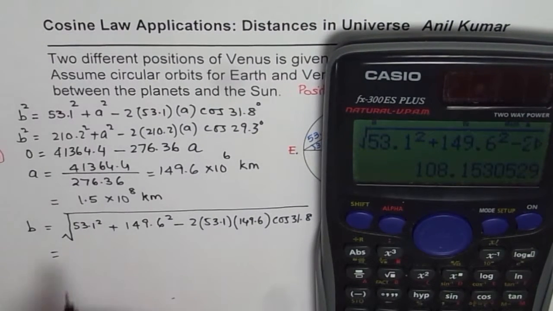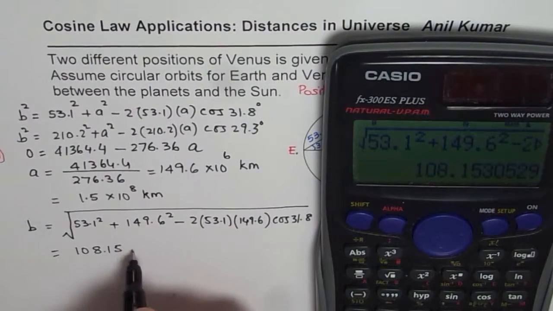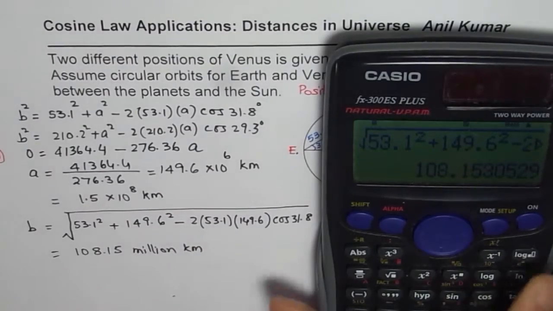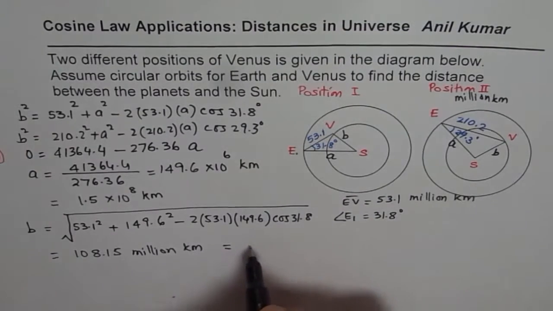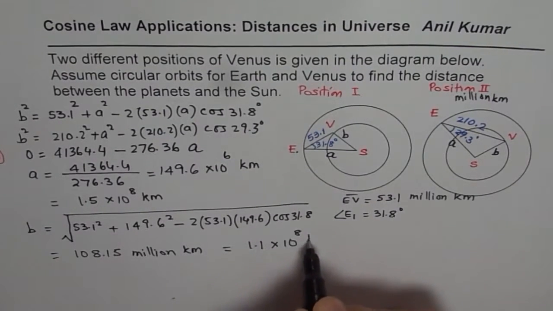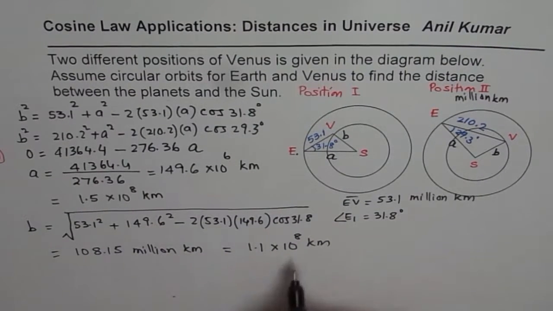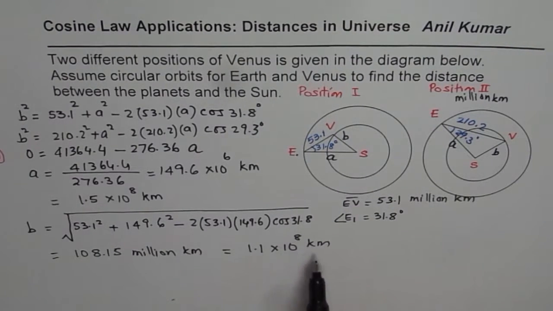That gives us 108.15 million kilometers, right? So we can approximate this as 1.1 into 10 raised to power 8 kilometers. Million means 6, and then we are moving 2 decimal places, writing it in scientific notation, 1.1 into 10 raised to power 8 kilometers.